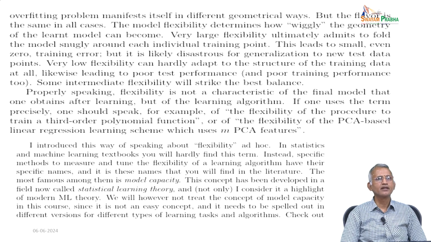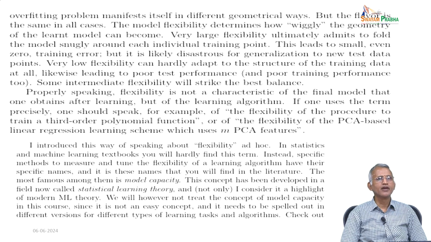Some intermediate flexibility will strike the best balance. Properly speaking, flexibility is not a characteristic of the final model that one obtained after learning, but of the learning algorithm. If one uses the term precisely, one should speak, for example, of the flexibility of the procedure to train a third order polynomial function, or of the flexibility of a PCA based linear regression learning scheme which uses PCA features.